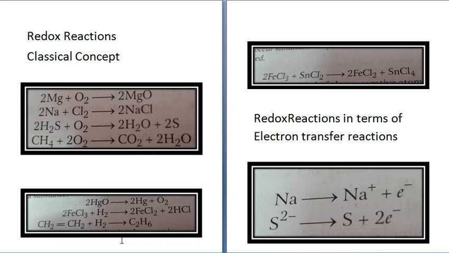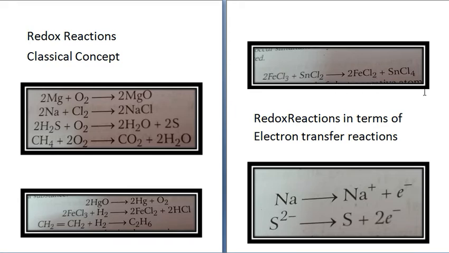C2H4 plus H2 gives you C2H6. This is also reduction. Why? Because in this the hydrogen has been added to each carbon. So this is addition of electropositive element to the substance. So these are the examples of reduction reactions.